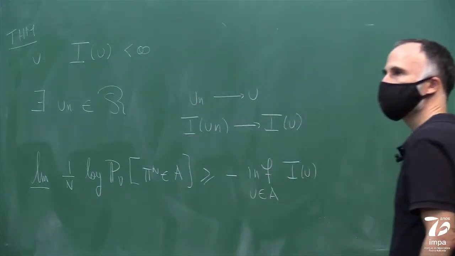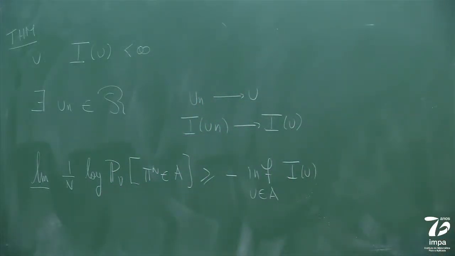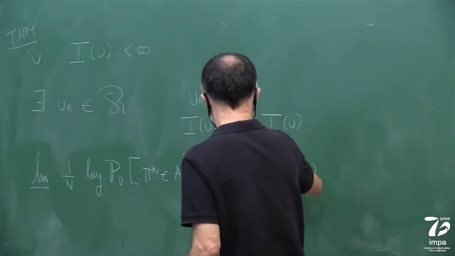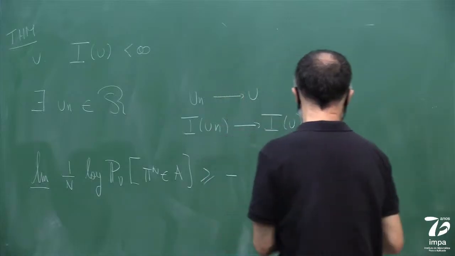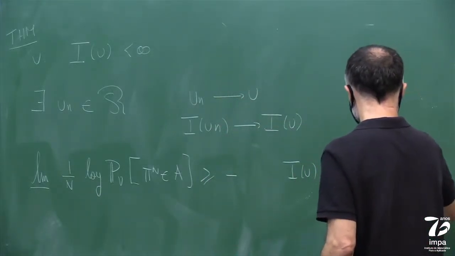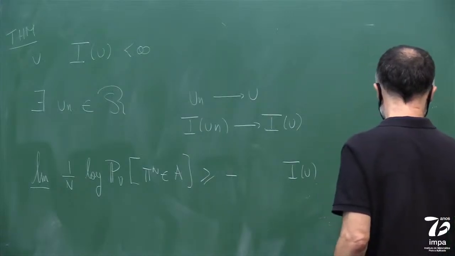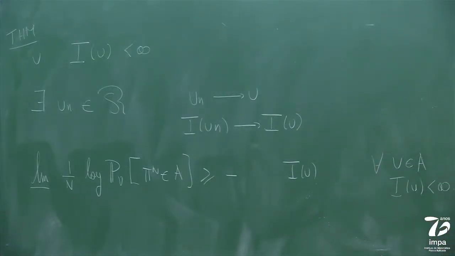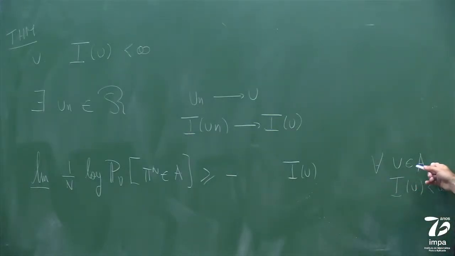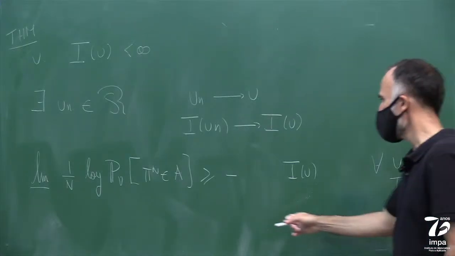Okay? For that, it's enough to prove that this holds for all u in A such that I of u is finite. If I can prove that this inequality holds for all u in A with I of u finite, I can optimize.